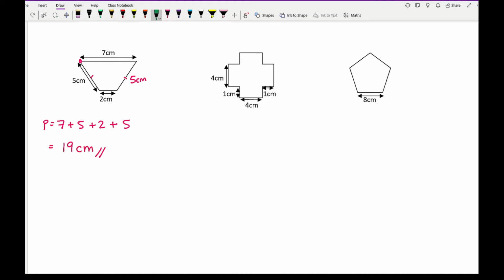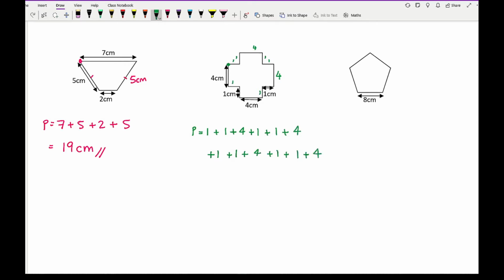For the next question here, I'm going to assume that this is going to be 4, that's going to be 1, that's going to be 1, that's going to be 4, that's 1, and this is 1. So picking a starting point, I'm going to pick this point here and go clockwise. So here I've got P equals 1 plus 1 plus 4 plus 1 plus 1 plus 4 plus 1 plus 1 plus 4 plus 1 plus 1 plus 4.